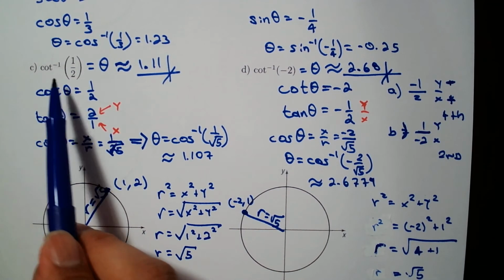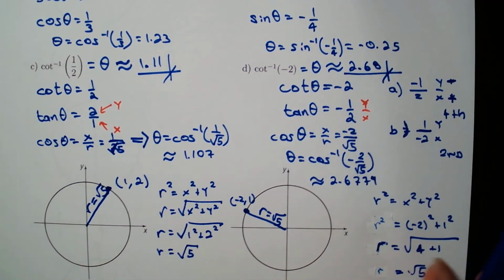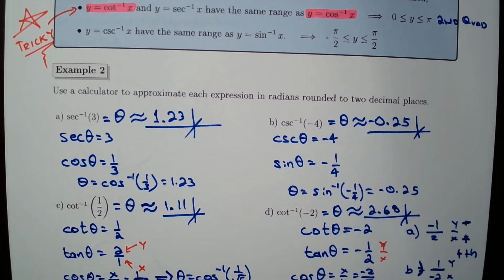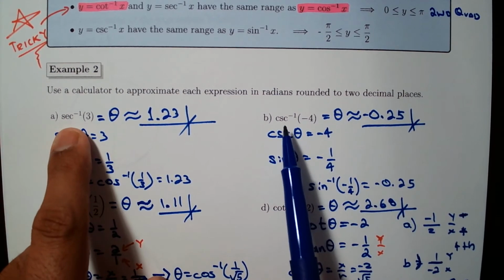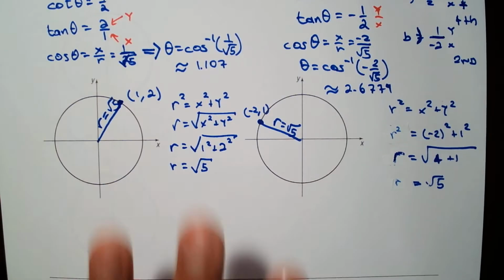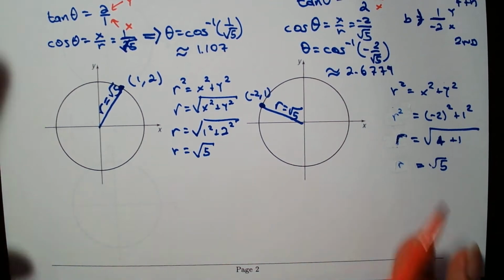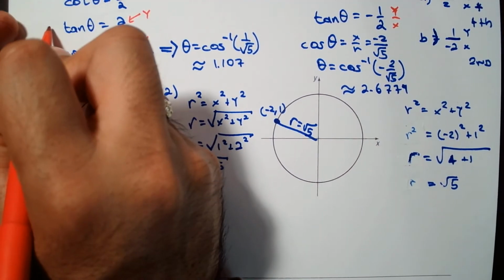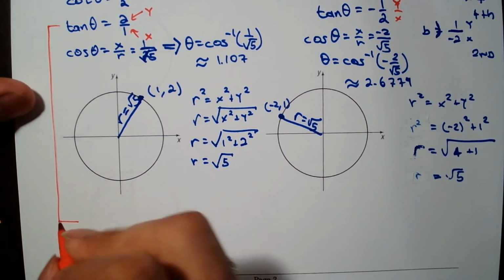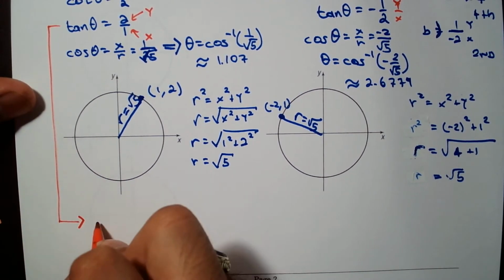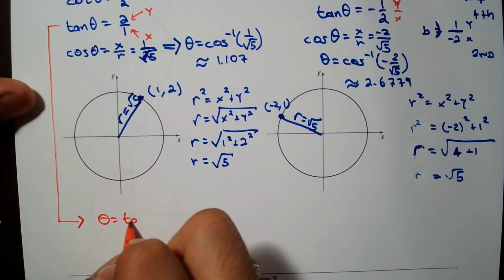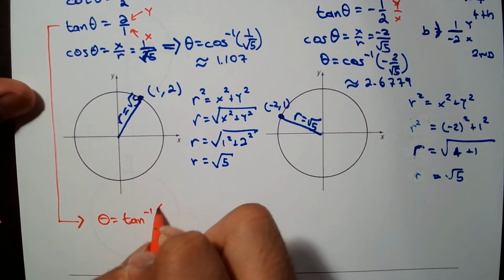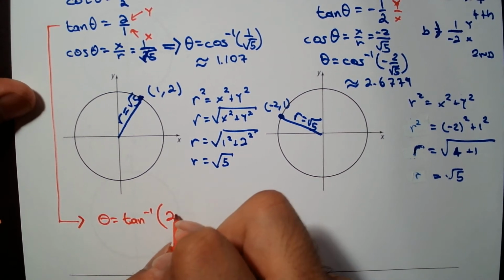Well, why do we do all this when it comes to evaluating an inverse cotangent? I suppose that what we did for inverse secant and inverse cosecant. Well, let me use a different color for this. If you take it from here, theta will be tangent inverse of 2.